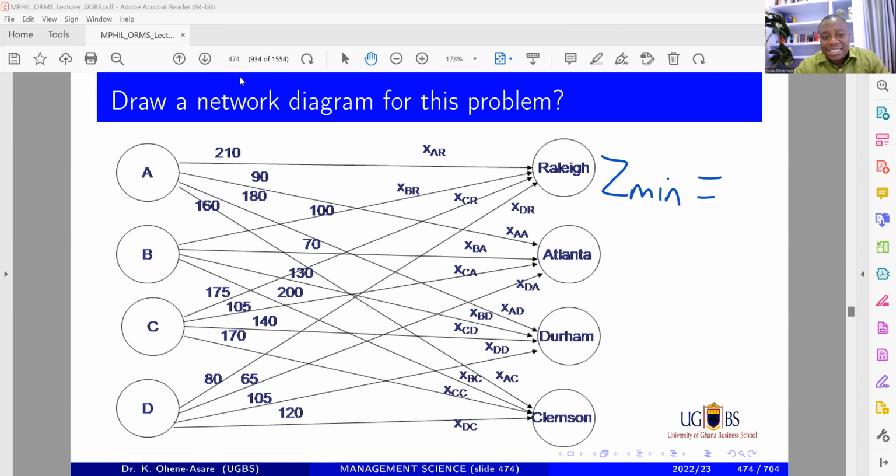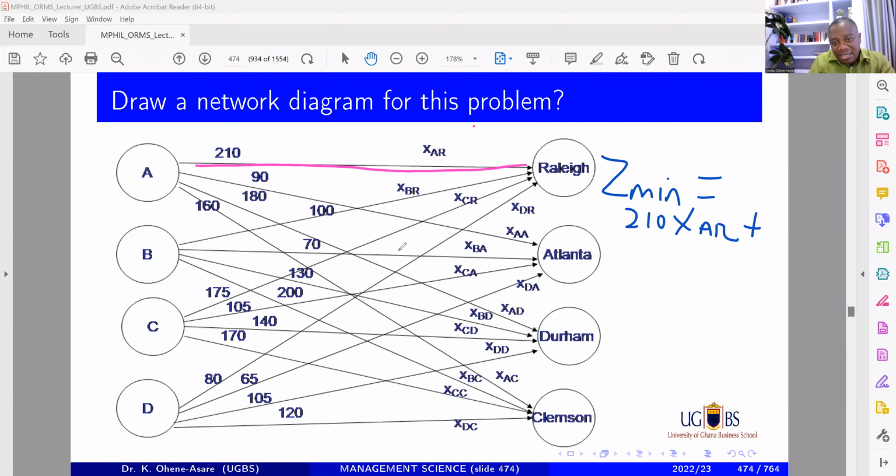But each arc has a distance, so you have to attach the distance to it. So the first one is going to be 210 XAR plus, so I just took this one here. Then you go to the next one. If you don't take care, you'll be lost, so always monitor.